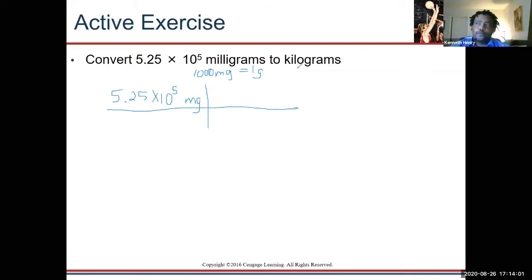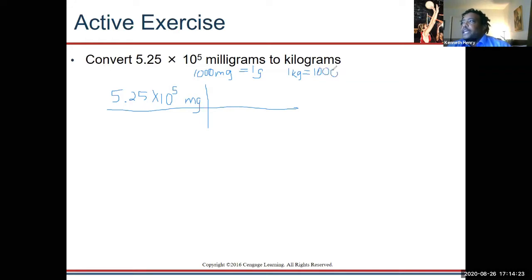Is it 1 kilo equals 1,000 grams? Okay, 1 kilogram is equal to 1,000 grams. Okay, so those are two beautiful equivalencies to work with, Heidi.